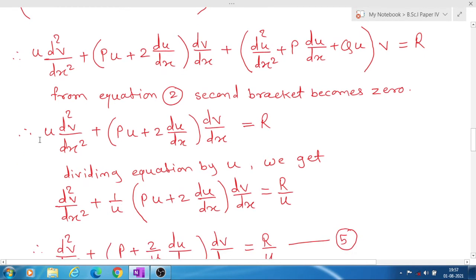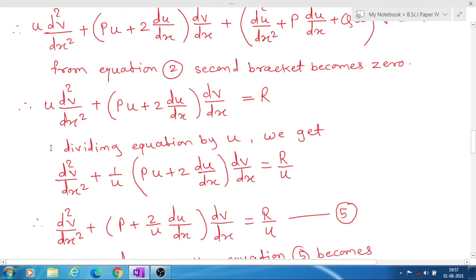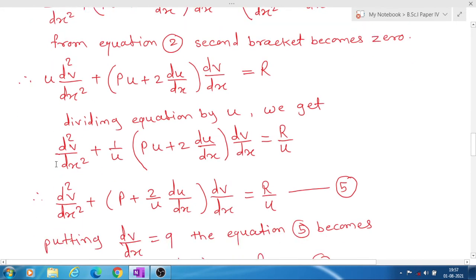Now to eliminate this u, we divide the equation both the sides by u. So dividing by u, here remains d2v by dx square and here we write 1 upon u outside the bracket, and on right hand side dividing by u, this remains r upon u.